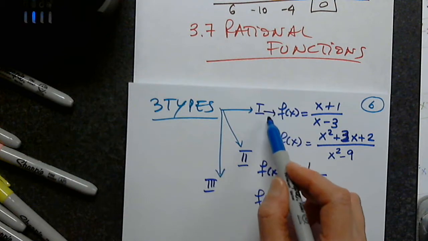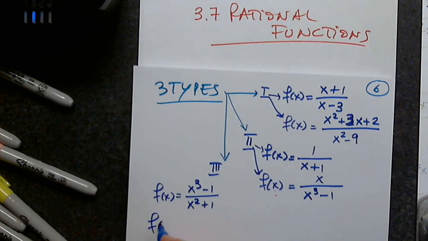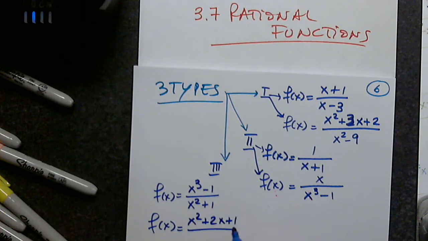So these are type 1, these are type 2, and type 3 is this, or this. Now let's discuss all 3 and see what is specific to type 1, type 2, and type 3. We are limited in this class to these 3 rational functions.